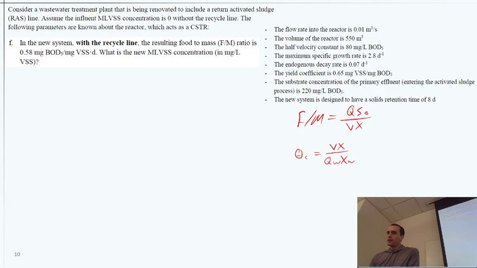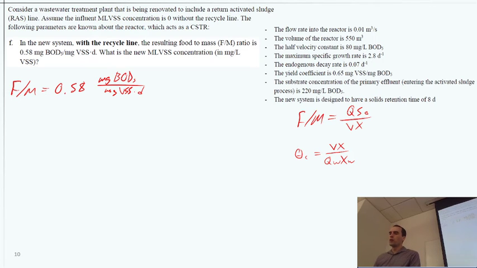So in this problem we have our food to mass ratio given. So F to M is 0.58 milligrams BOD per milligrams VSS per day.